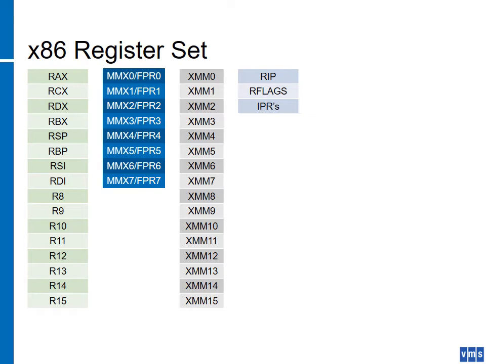In addition to those integer registers, we have two different sets of additional registers. The first set is the MMX and original floating point registers. These are used by MMX instructions, which are single instruction multiple data integer instructions, as well as by the original x87 floating point instructions. Later, with the addition of the SSE instruction set, we got 16 XMM registers, which originally were up to 128 bits in size, but currently can be up to 512 bits in size.